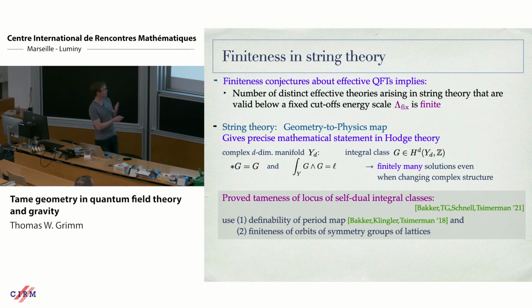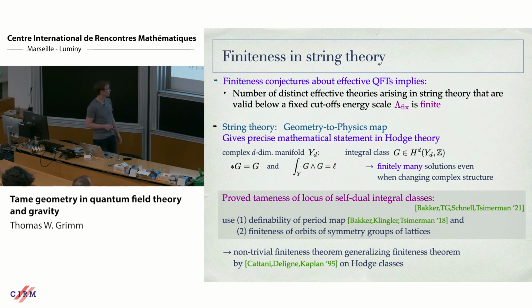However, using the definability of the period map and the finiteness of orbits of symmetry groups, one can prove that the locus of the self-dual integral classes is a definable set, and therefore it has finitely many connected components. So this is a very non-trivial finiteness theorem which generalizes the finiteness of Hodge classes. Okay? And working with these brilliant people essentially got me hooked into the Tame world. Okay.